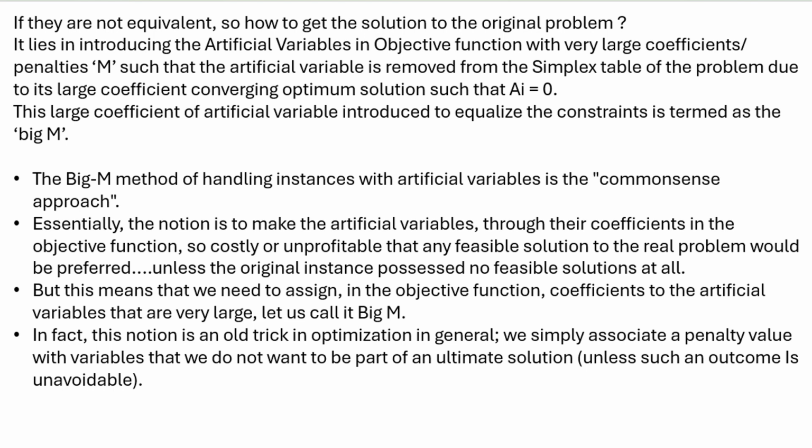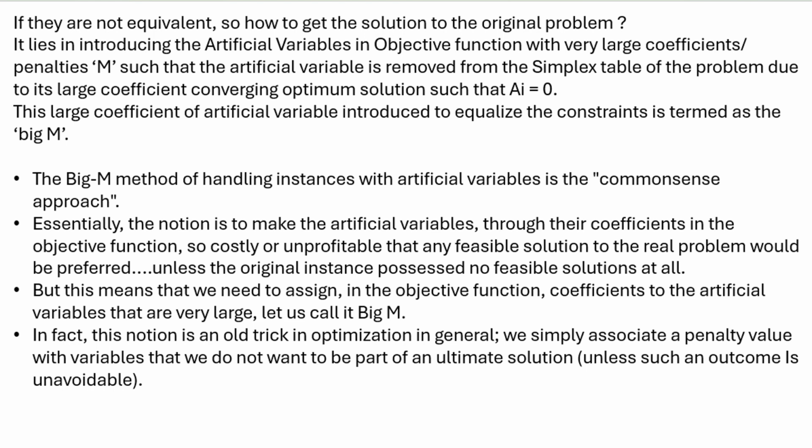So it lies in introducing the artificial variables in the objective function with very large coefficients, which are also termed as penalties, denoted by the letter m, such that the artificial variable is removed from the simplex table of the problem due to its large coefficient, converging to the optimum solution such that ai equals 0.